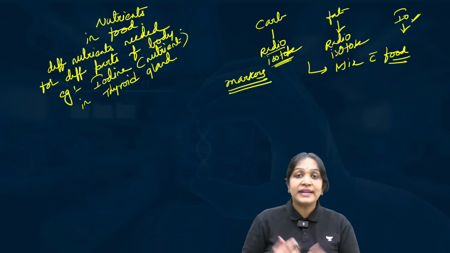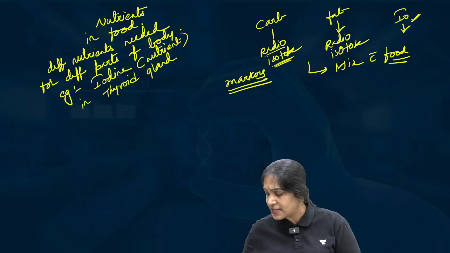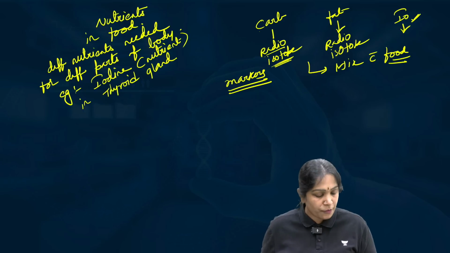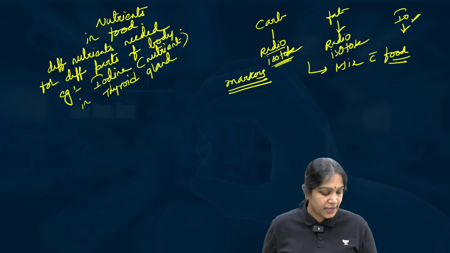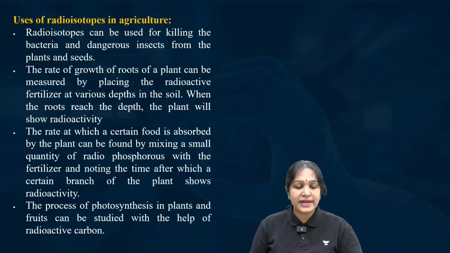Very good, but I am eating it. Is it not harmful to us? Yes, radioactivity is harmful, but not every type of radioactivity is harmful. Obviously, we take those radioactive elements which are not biohazardous for such studies. This is all the application of radioisotopes in medicine.